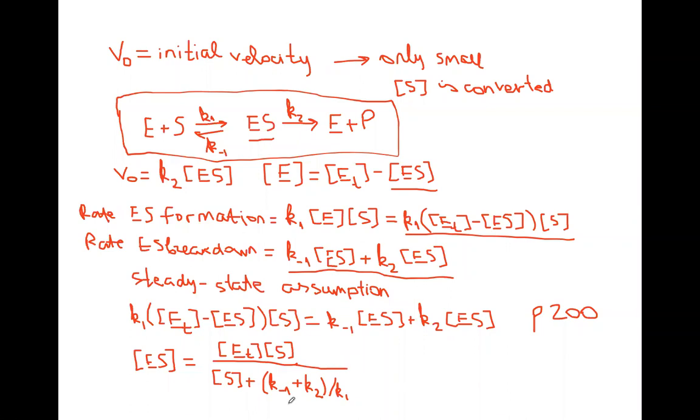So these three constants together, if you combine them all into one unit, is known as the Michaelis constant, Km.